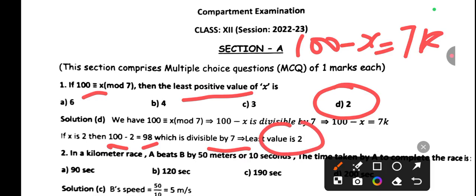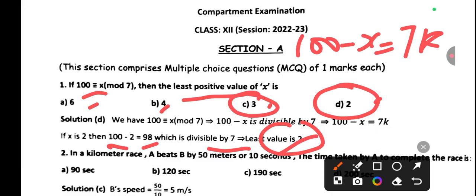Suppose it was not divisible by 7, then you should check with 3, then 4, then 6. So don't always go with the smallest option, 2, and say 2 is the only answer. Here 2 is satisfied, so 2 is the answer.